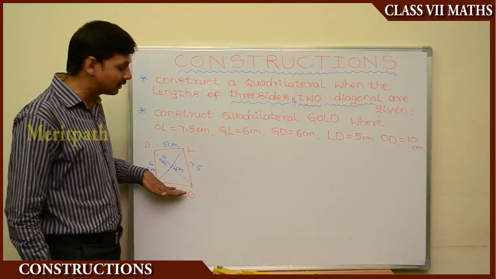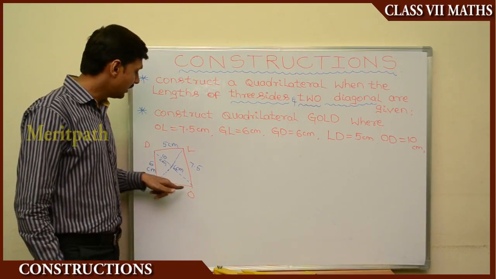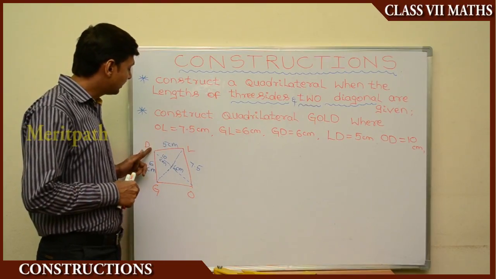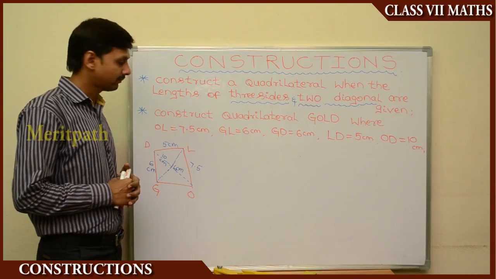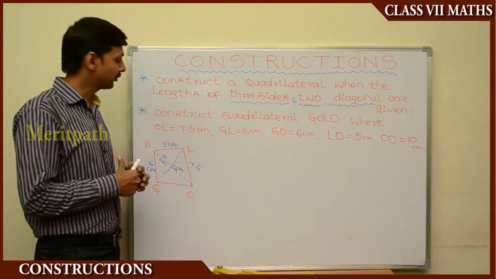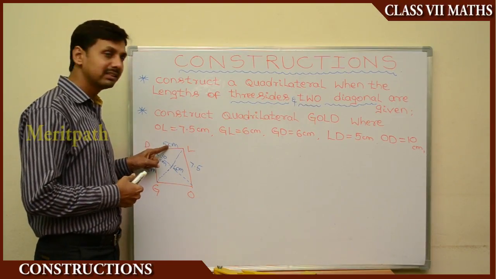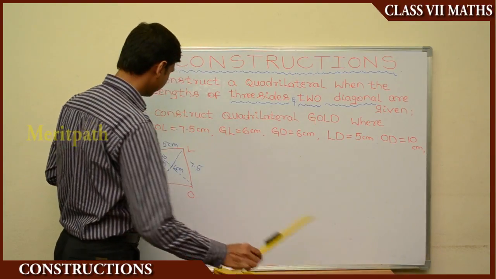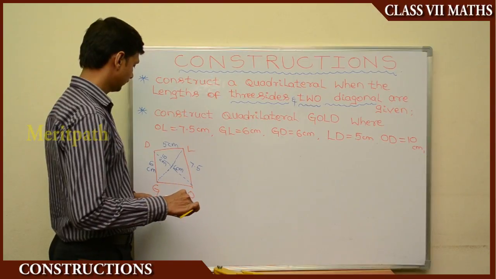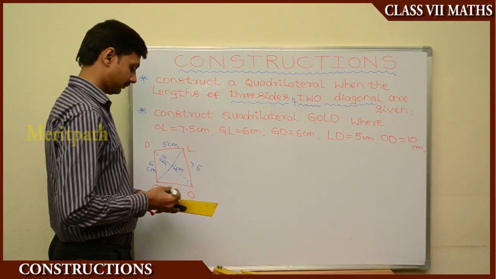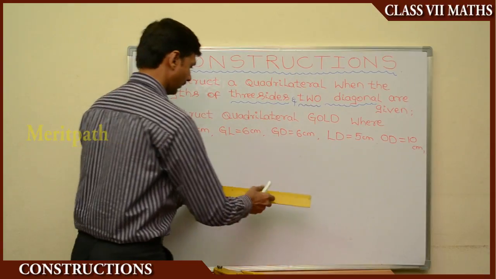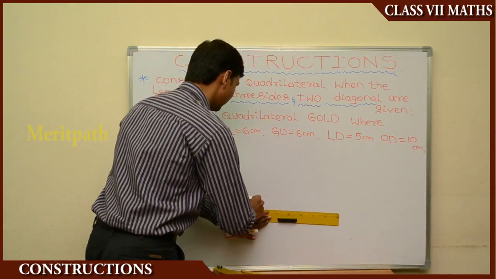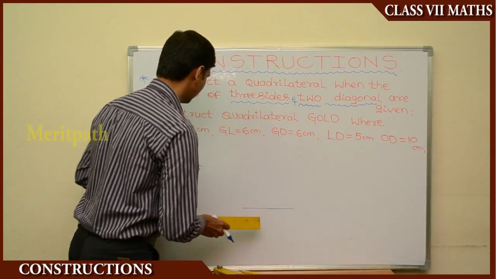So we cannot construct GO first because GO we don't have. So let's start with DL or LD. So starting with this, we'll construct 5 centimeters first. We have taken 5 centimeters radius on compass.